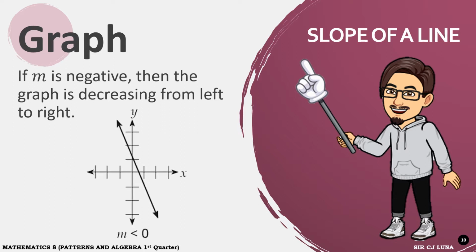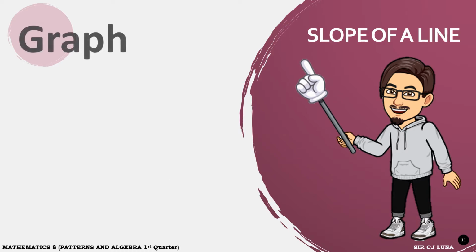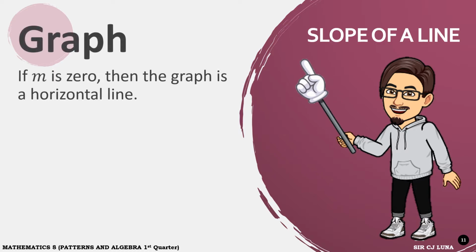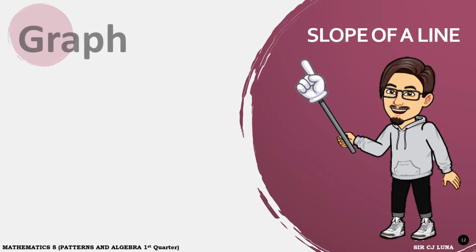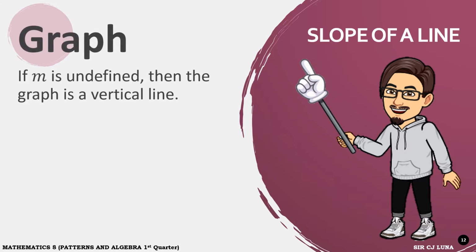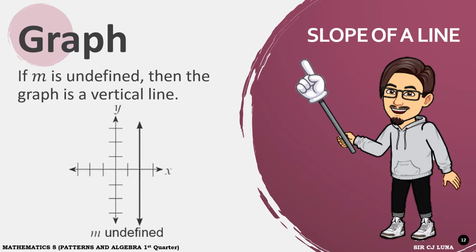So here is the graph of a negative slope. If your slope is 0, then the graph is a horizontal line. If the slope is undefined, then the graph is a vertical line.